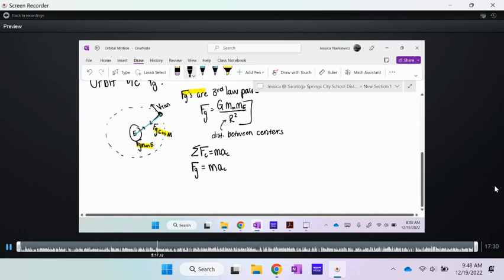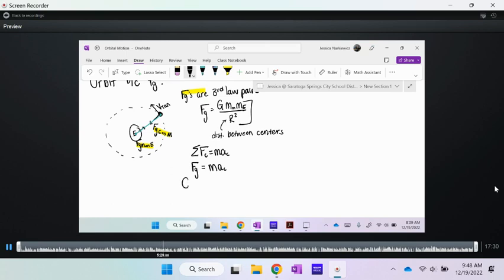So I'm dealing with orbits, right? I don't want to use Fg equals mg, the little fg equation, because I don't know the acceleration or gravitational field that the moon is in right now. So we're going to use the big Fg equation, mass Earth, mass moon, over r squared. And since I'm focusing on the acceleration of the moon, this mass here is the mass of the moon, because my system is the moon.